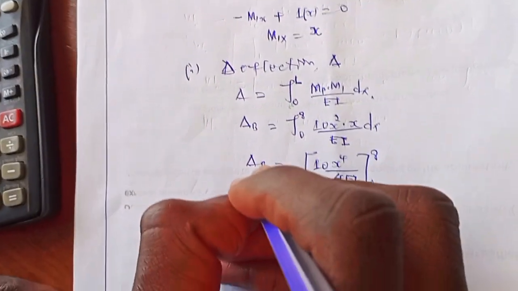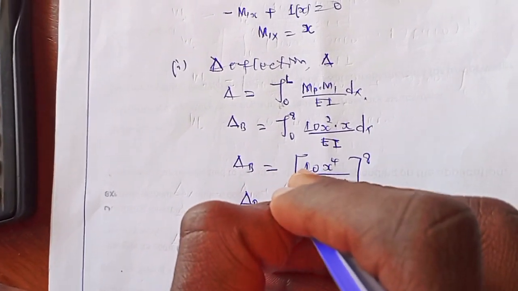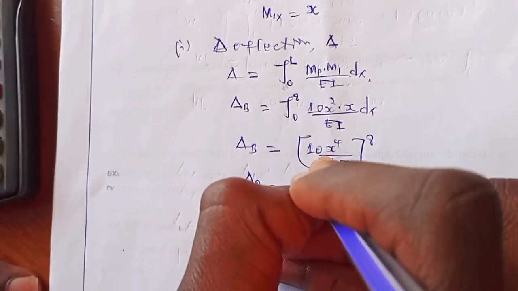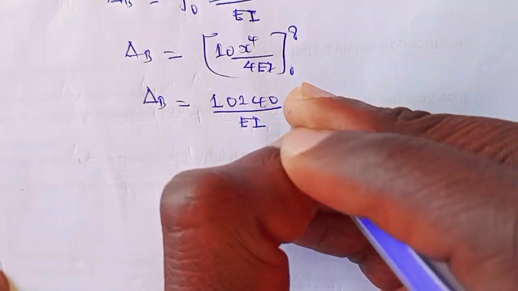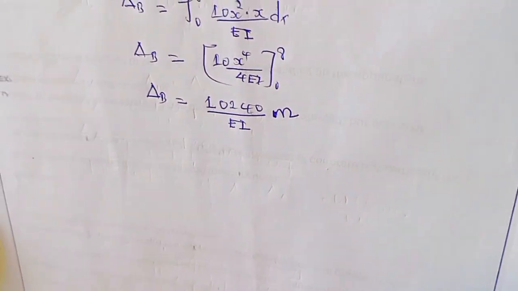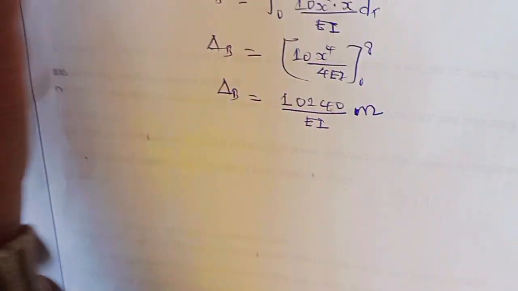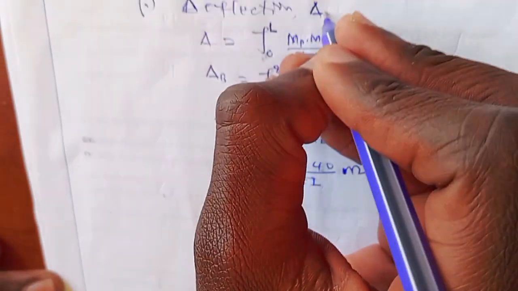We shall get the deflection at point B. It will be 10,240 over EI. This is deflection, so it will be in meters. This is the deflection at point B.